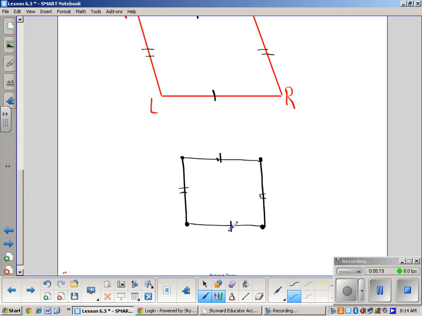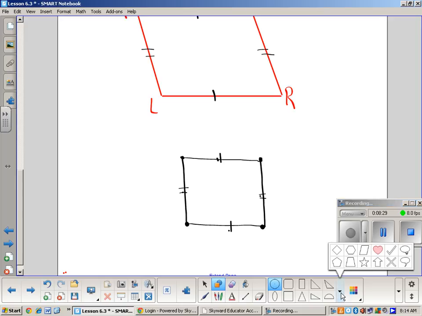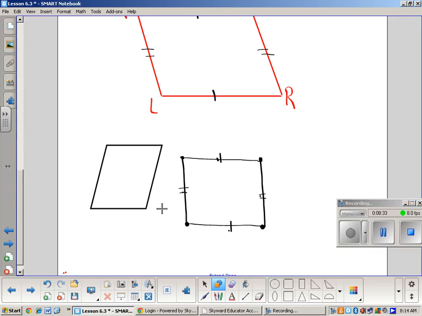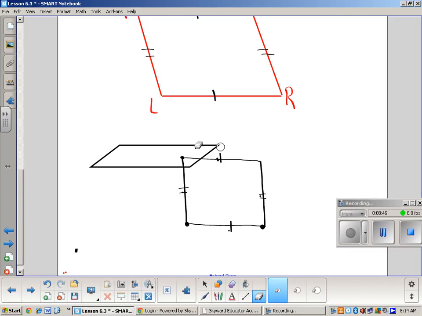And if I exaggerate that, it could look like this. Okay? My shape could look like that and not actually a rectangle.